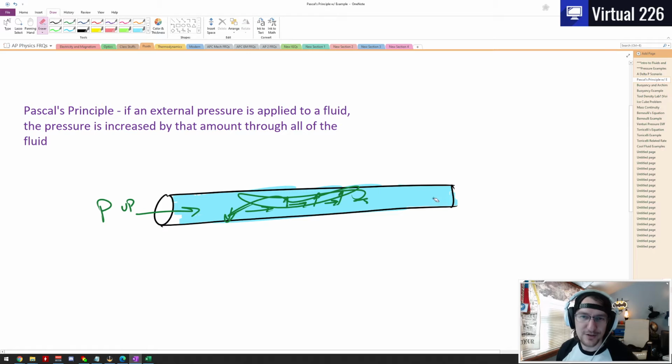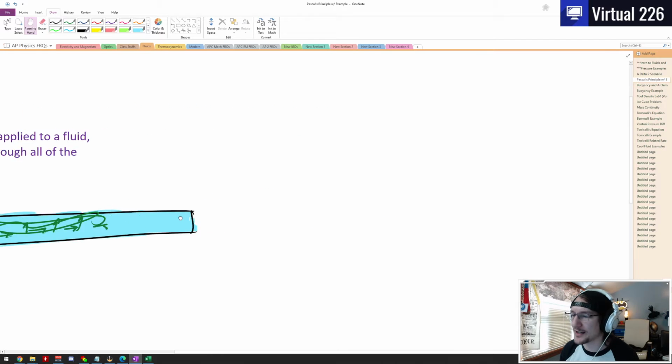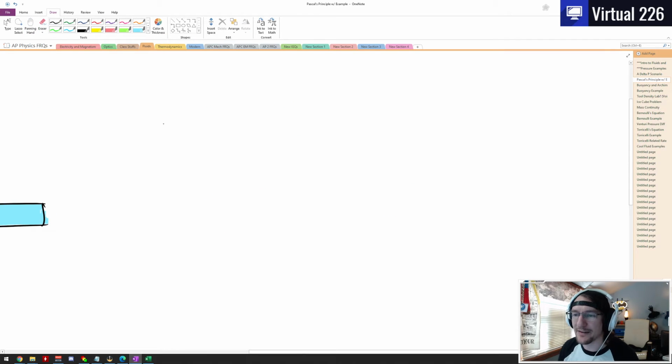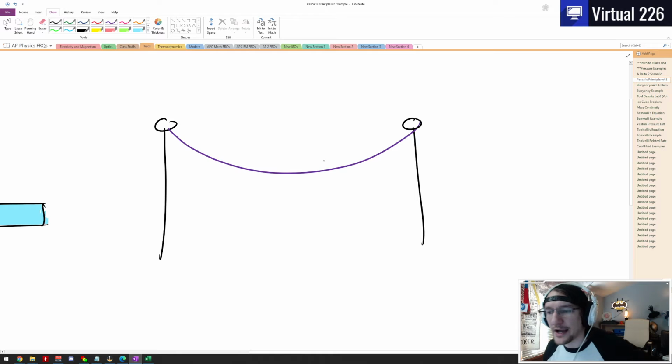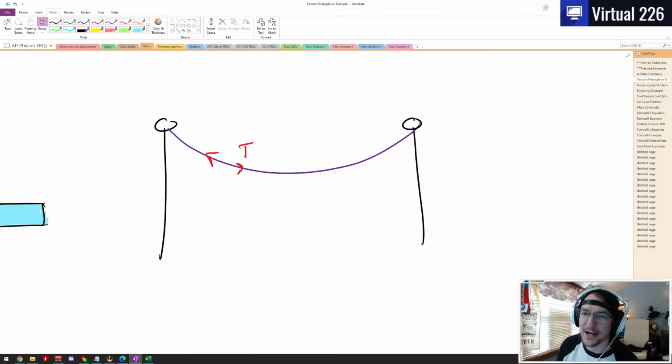A kind of weird side effect on this, and this is a tangent, but if you have a hanging chain, this forms what's known as a catenary. Normally you can look at these hanging chains by saying there's some tension force in this chain, and if you increase the tension in one spot, the tension increases everywhere because of Newton's third law.